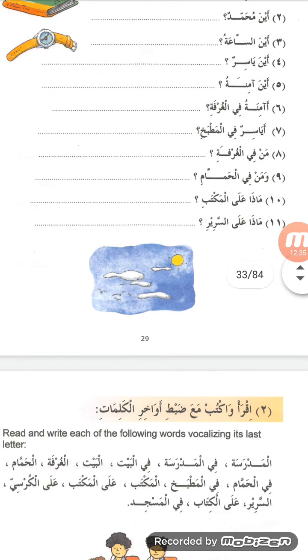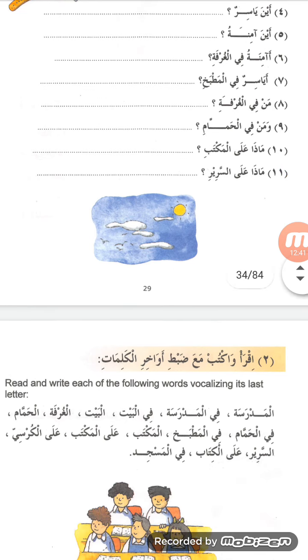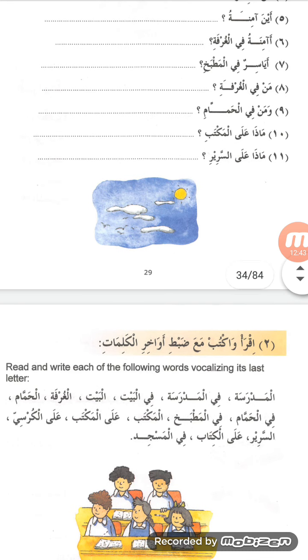Fil hammami, so huwa fil hammami, he is in the bathroom. Aina Amina? Amina is a feminine noun, so we will say hiya. You can say hiya fil matbakh, she is in the kitchen.